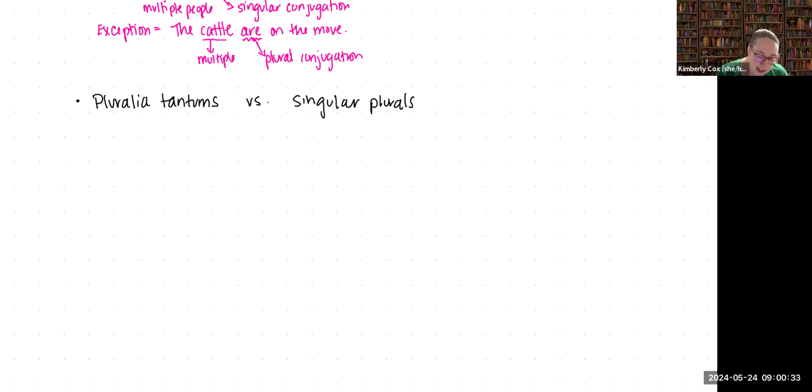So pluralia tantum refer to words that are inseparable, kind of pairs, whereas singular plurals refer, kind of like collective nouns, to plurals treated like singulars.